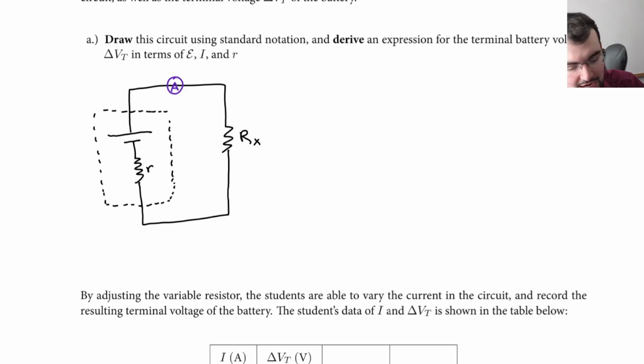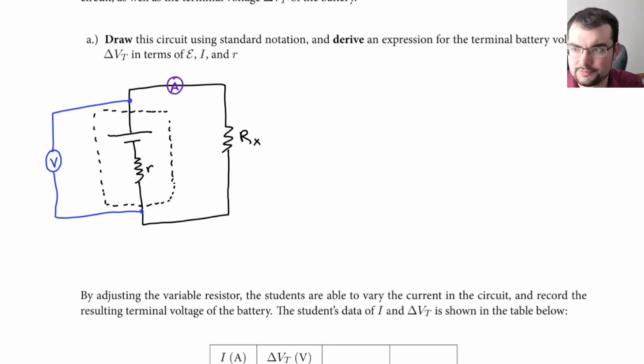And then to measure my battery voltage, of course, we can't see that there's a little resistor in here. But effectively, what we're doing is just probing both ends of the battery, and it measures what we've been calling the terminal voltage. So we want to derive an expression for this delta V across the battery. What is delta V terminal?